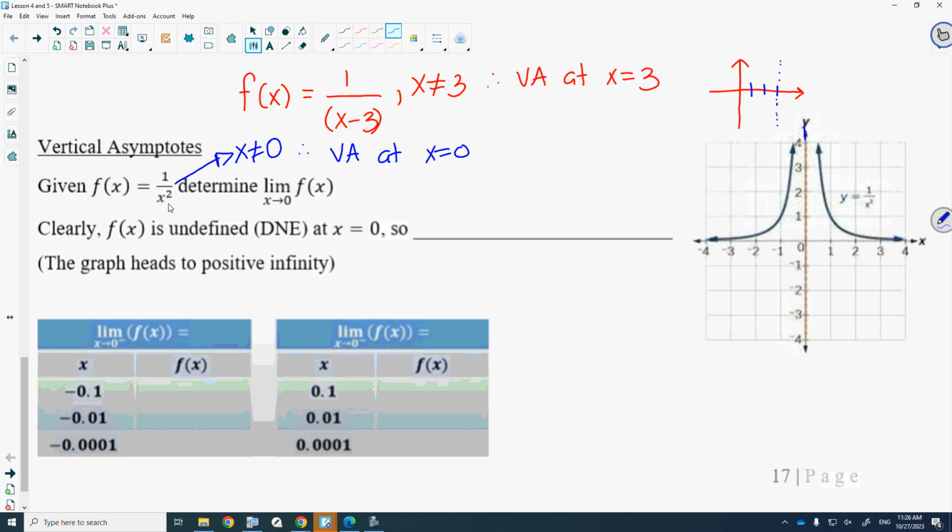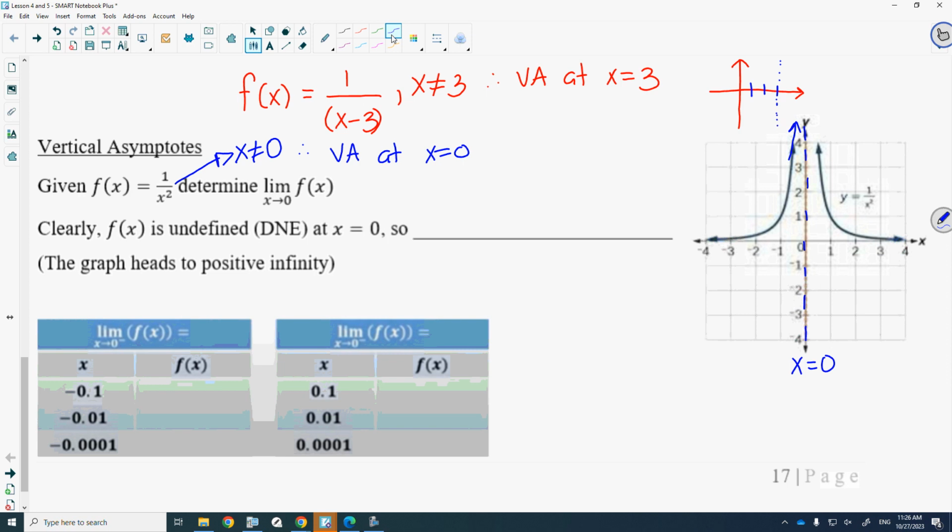So here's the graph of 1 over x squared, and this would be my vertical asymptote at x is equal to 0. Now, what we're going to figure out is as our graph approaches 0, as it approaches 0 from the left, my graph is going up to positive infinity.